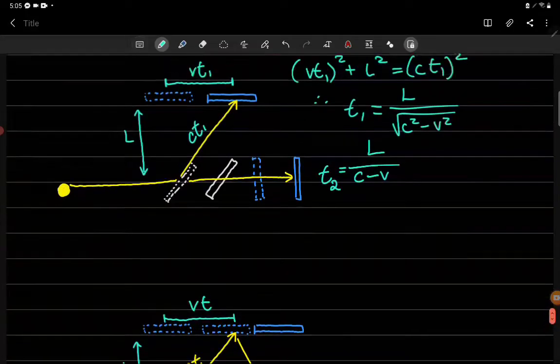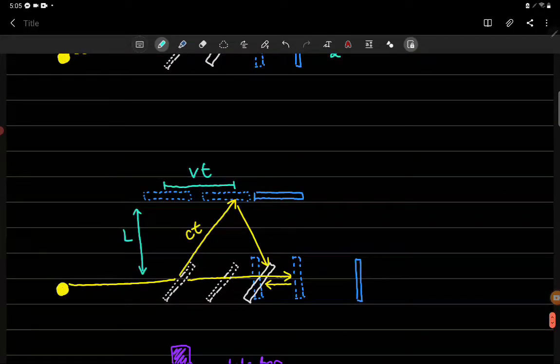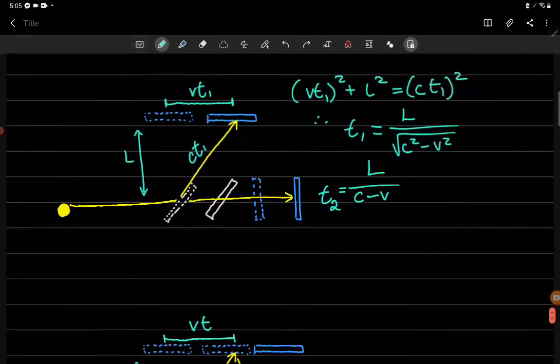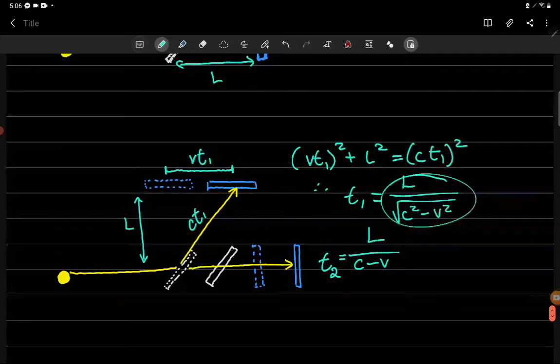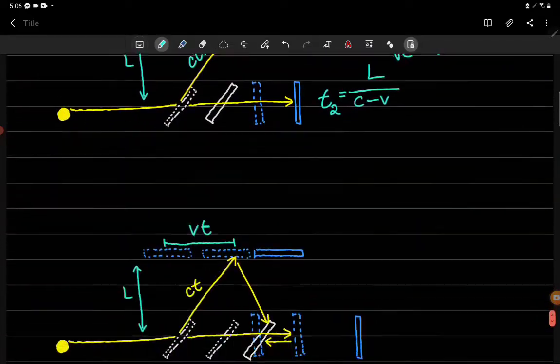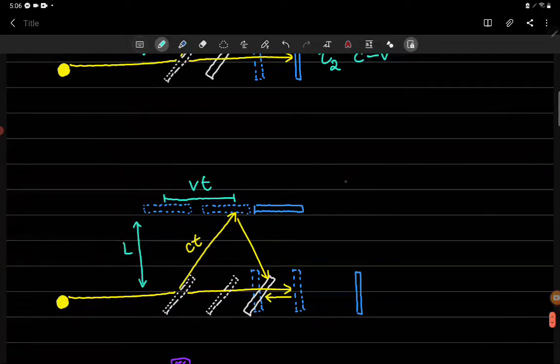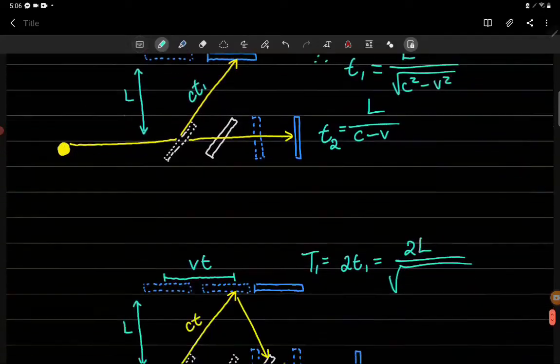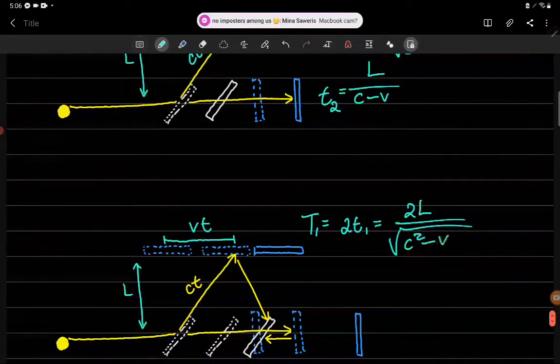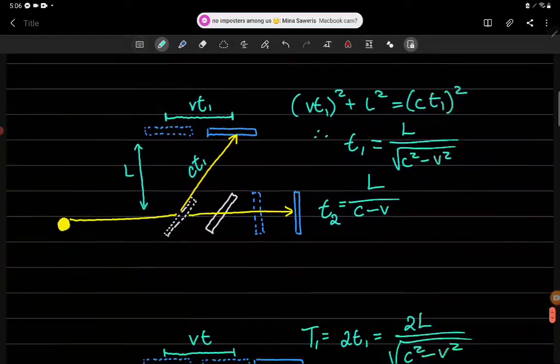And so the total time taken to go from here up to here and then back down to here should be equal to this times 2, so 2 t1. We'll give that a capital T1, which should be equal to 2L on the square root of c squared minus v squared.